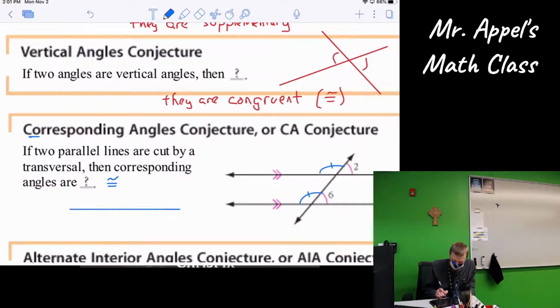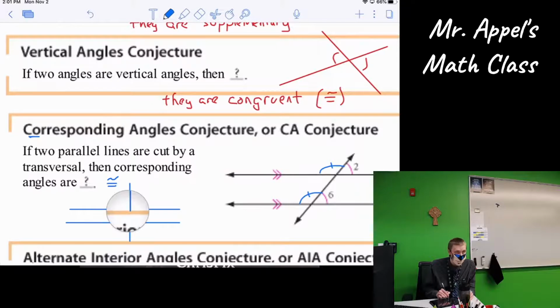I draw two perfectly straight lines, and I have my transversal here. No matter how I stretch it, take a look at that corner. Look at the same corner of both intersections. When one is obtuse, the other is obtuse. When one is acute, the other is acute by the same amount.